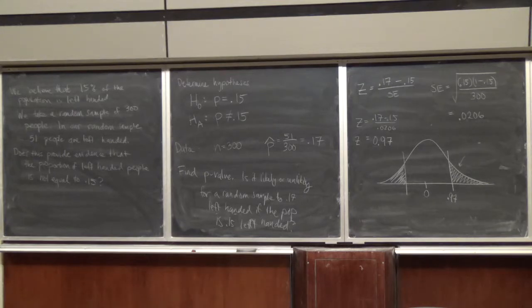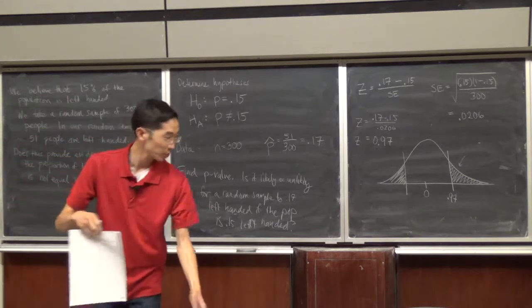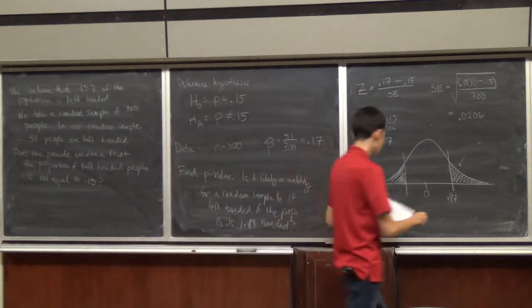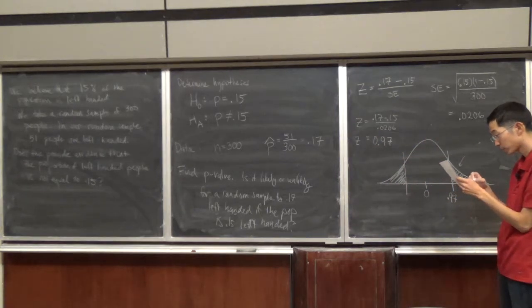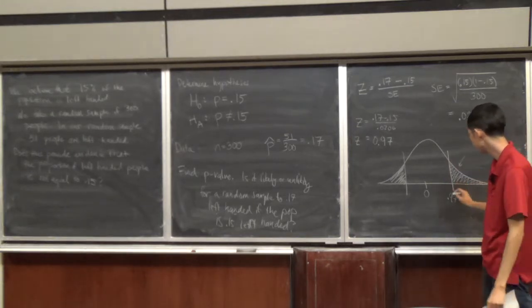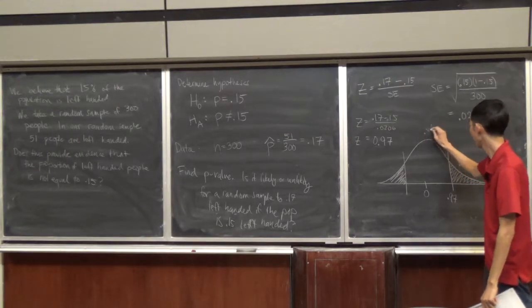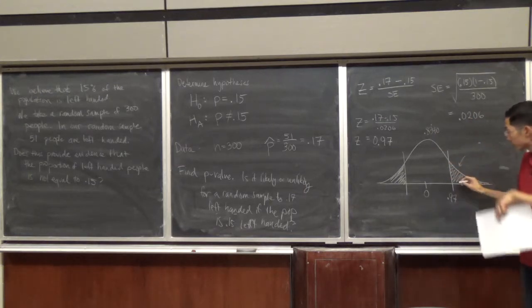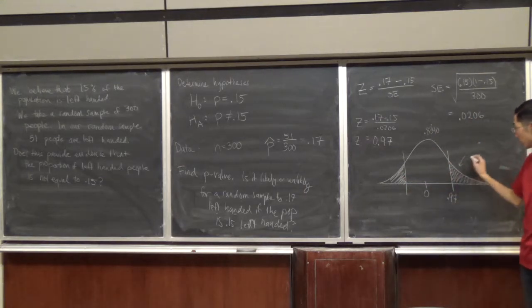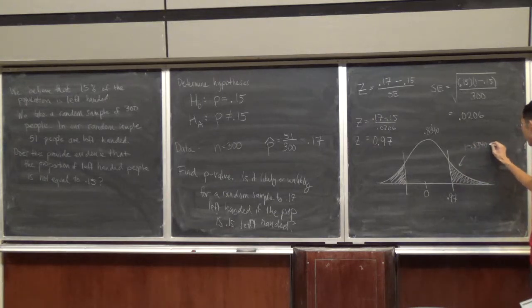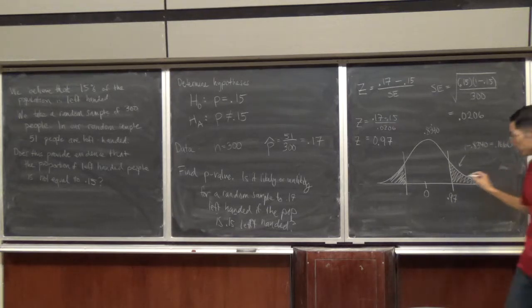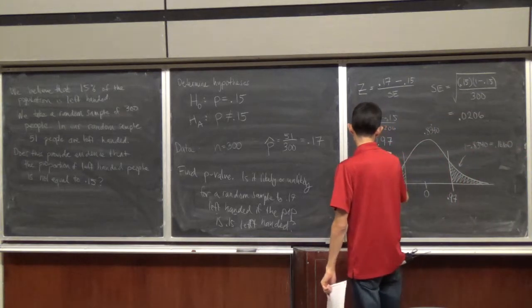So when you look up 0.97, you get 0.8340, but that is the area to the left of 0.97, and we want the amount over here. So I do 1 minus 0.8340, and I get 0.1660, and I multiply that by 2 because I'm also going to have 0.1660 over here.